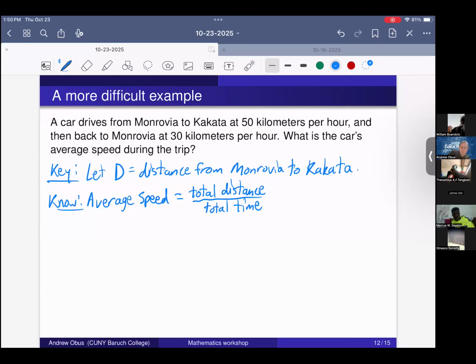Total distance over the total time. So what's the total distance here in terms of our variable? Be careful. What is the total distance?